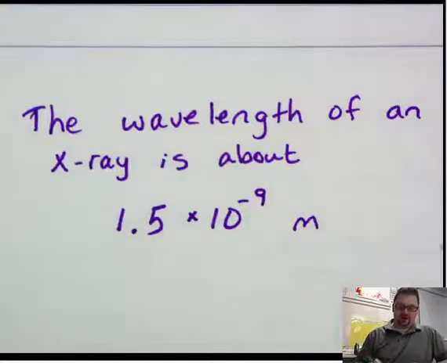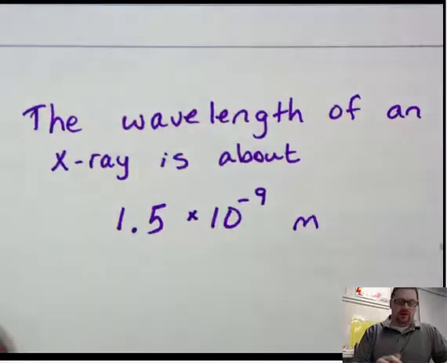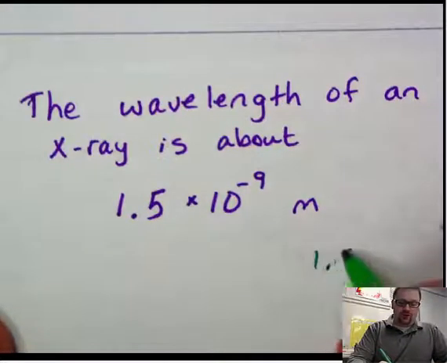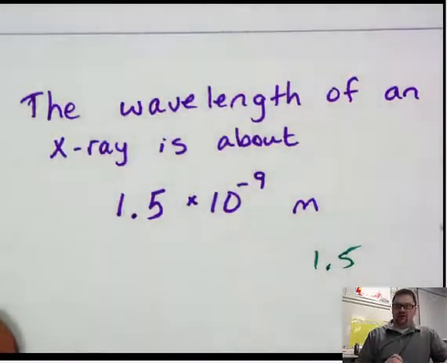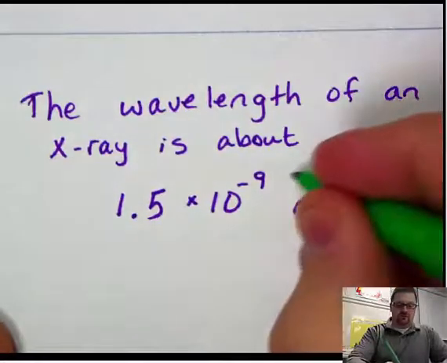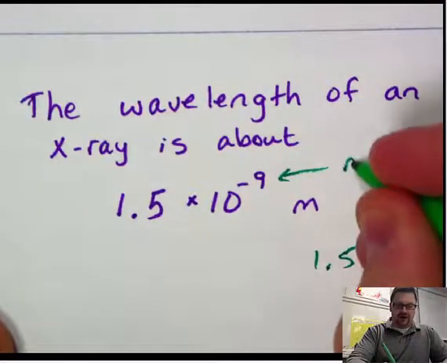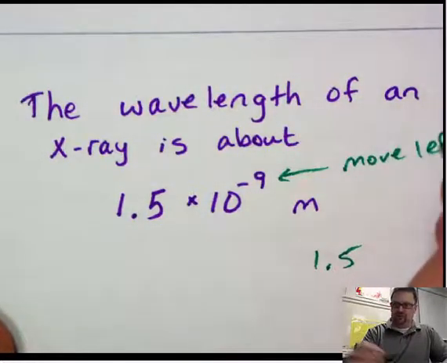That means that my number in standard form is going to be a decimal, smaller than 1. Also, think about a number line and the fact that negative numbers are to the left of 0. So in order to change this into standard form, I'm going to write my 1.5, and I'm going to realize that the negative 9 tells me that we're going to move to the left 9 spaces.